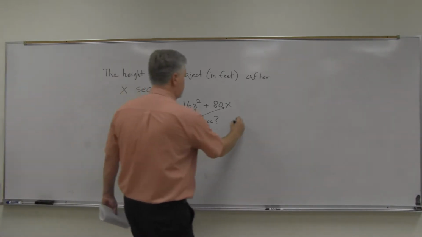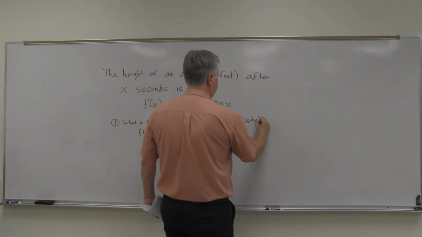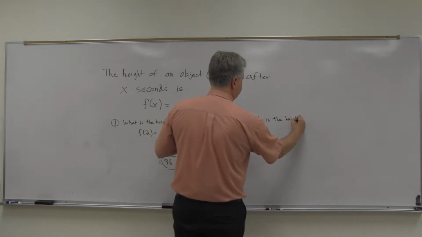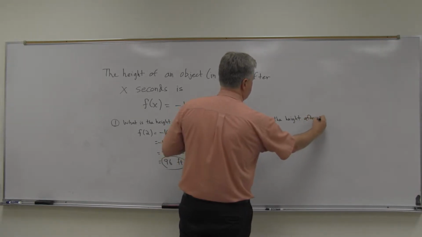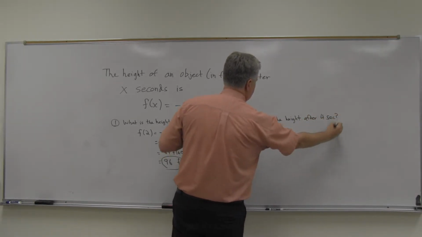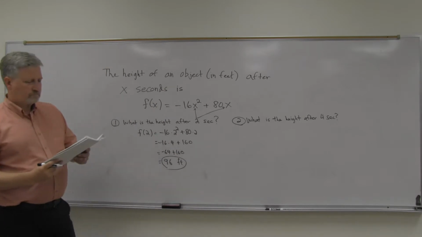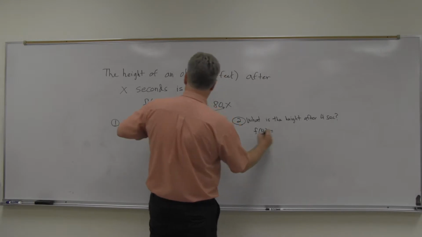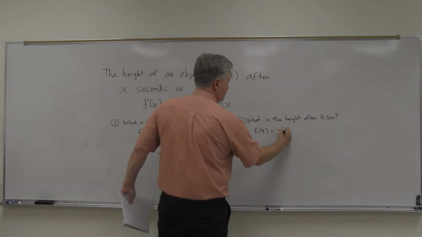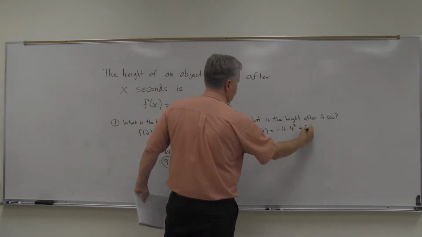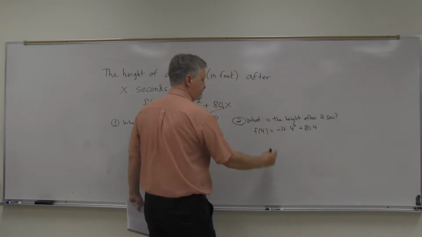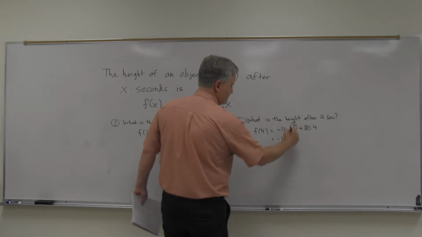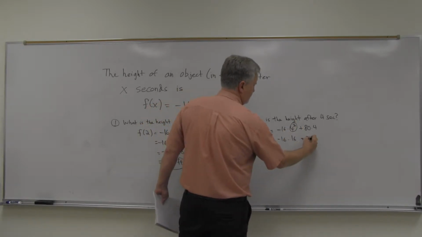All right, number 2, what is the height after 4 seconds? Well, same thing. X is 4. So we have negative 16 times 4 squared plus 80 times 4. Do the squaring first.